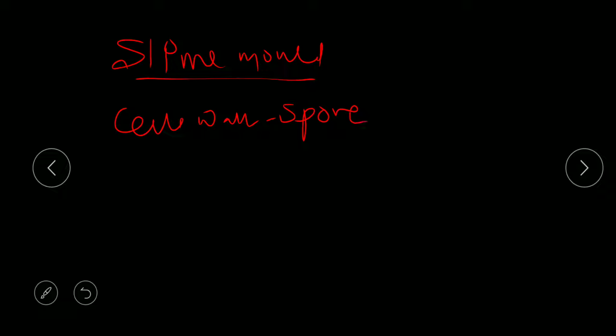So we remember that in this slime mold there is a presence of cell wall in spore. So cell wall is present in spore, meaning it is a plant-like character.